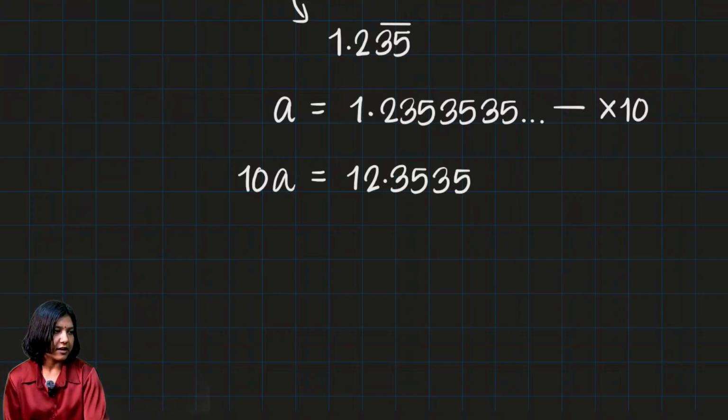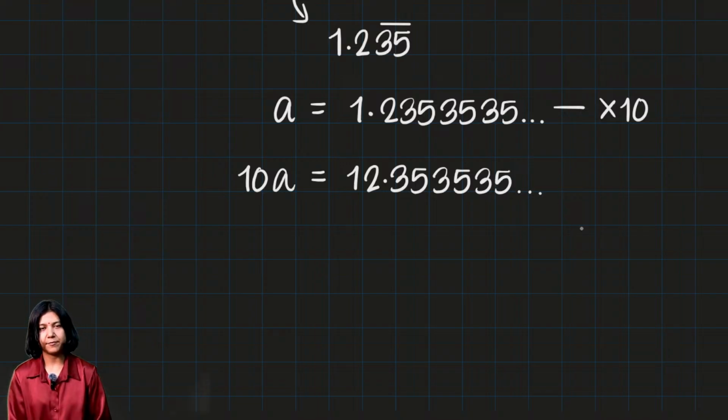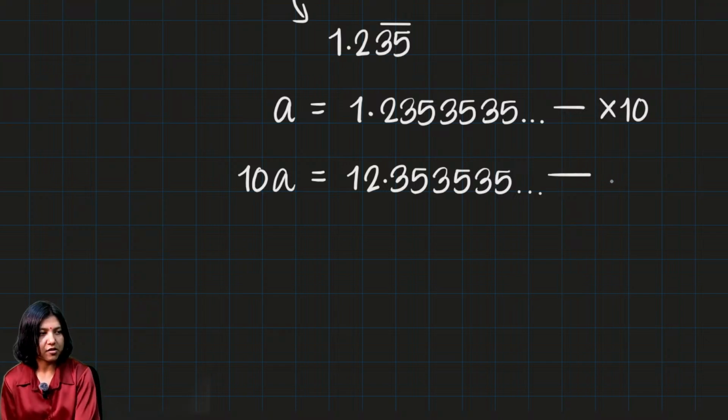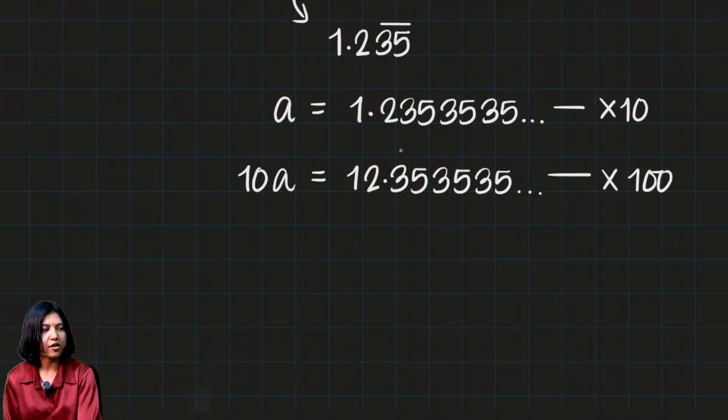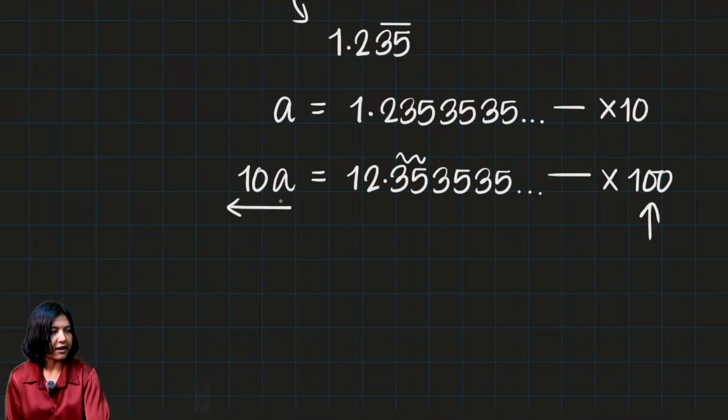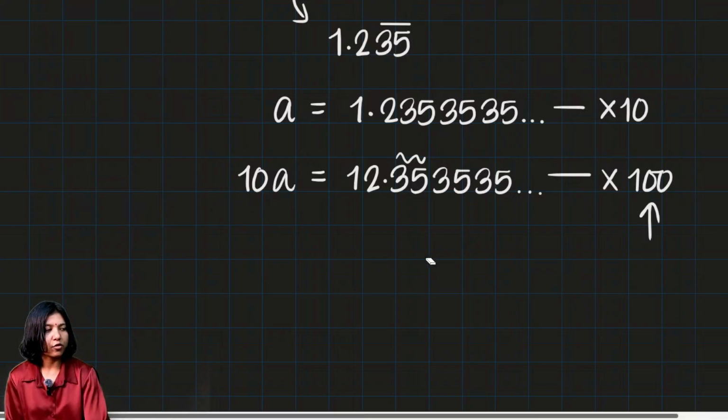12.353535. Now what we have is just the repeated part after the decimal. Because I have two digits repeating, I will take this new equation and multiply by 100. Why 100? Because I have two digits repeating. Note that we are multiplying with 10a here, so don't forget it is supposed to be 10 times 100 now.